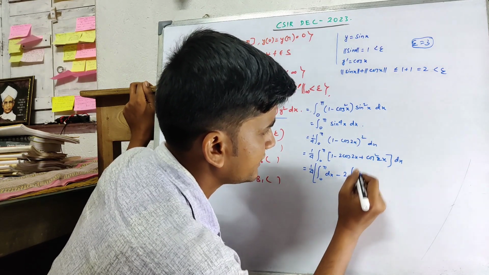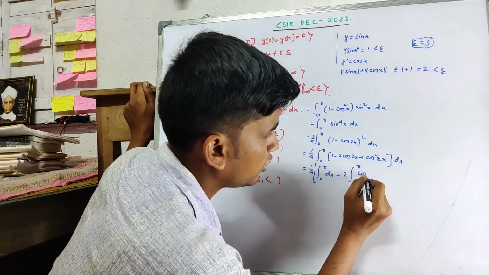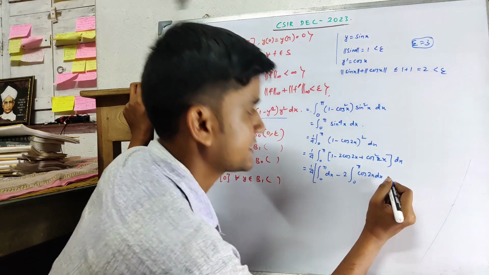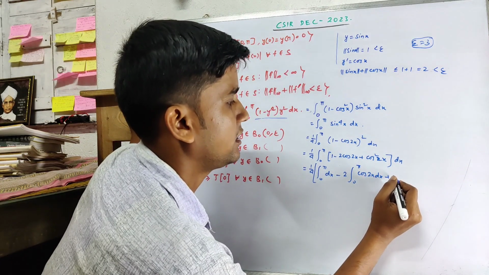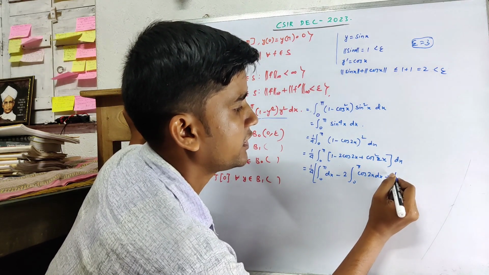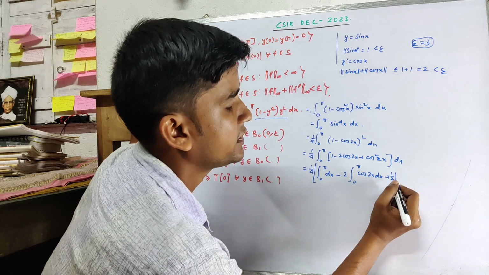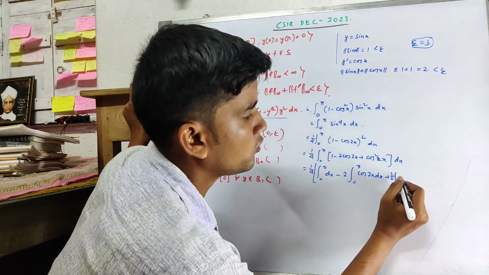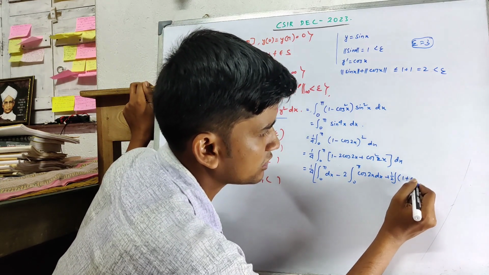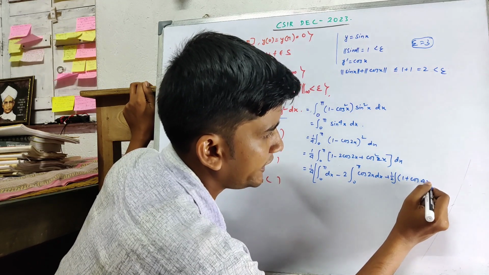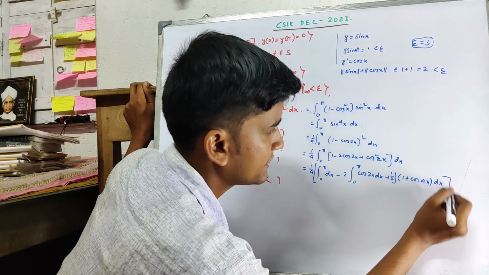minus 2 integration 0 to pi cos of 2x dx plus integration cos square 2x, which means if we take half, 2 cos square x means 1 plus cos 2x, so 1 plus cos of 4x, dx.